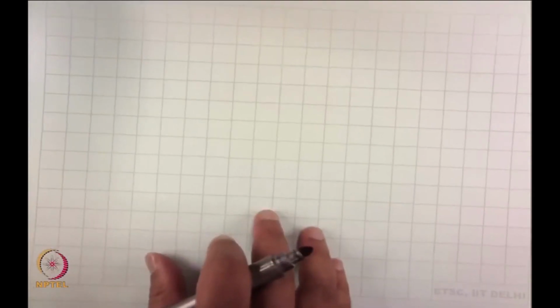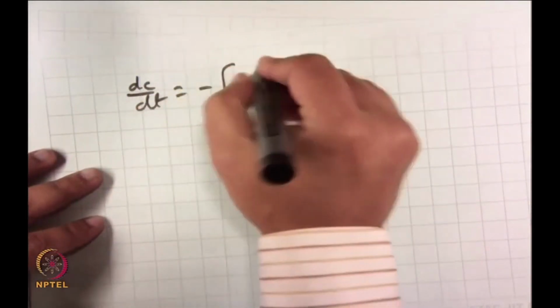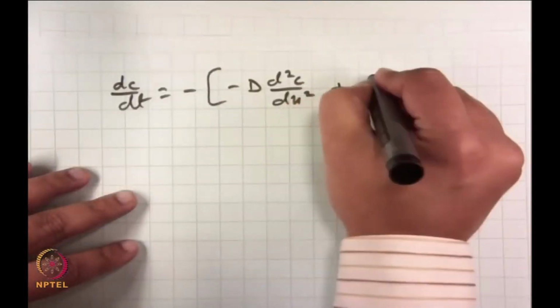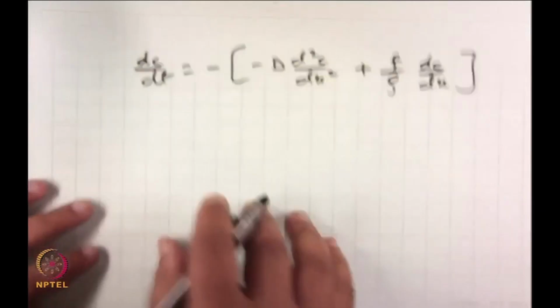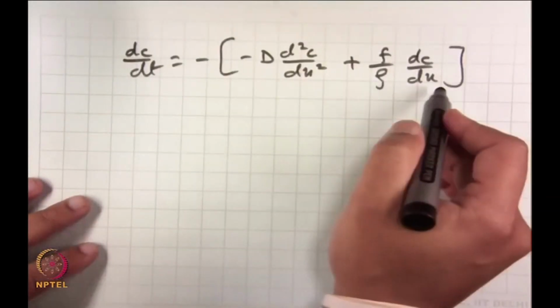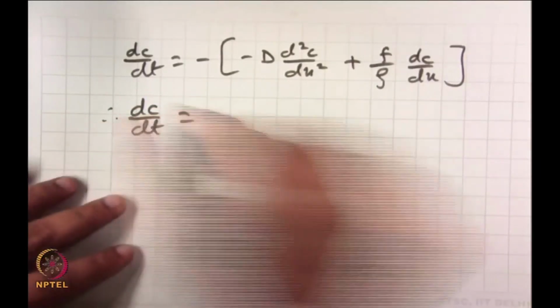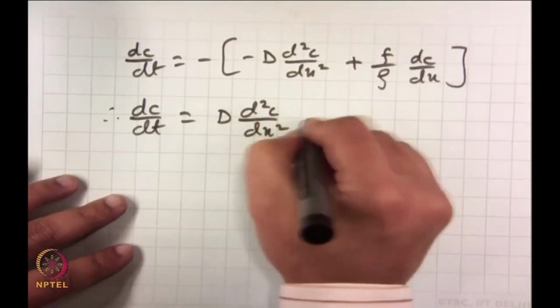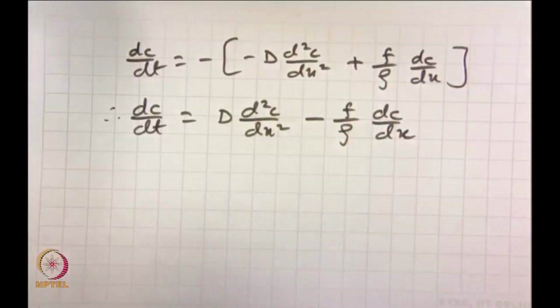what we should be getting is dc/dt is equal to minus D d²c/dx² plus f/ξ dc/dx. So, this is your dJ/dx with the negative sign, and therefore from here it is easy to write that dc/dt is equal to D d²c/dx² minus f/ξ dc/dx, isn't it.